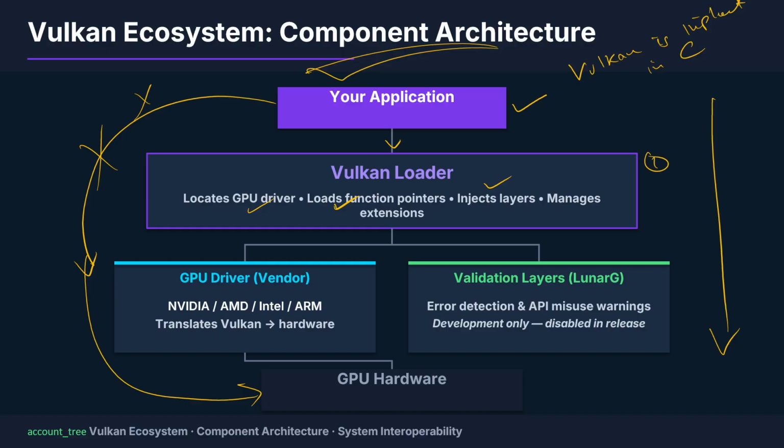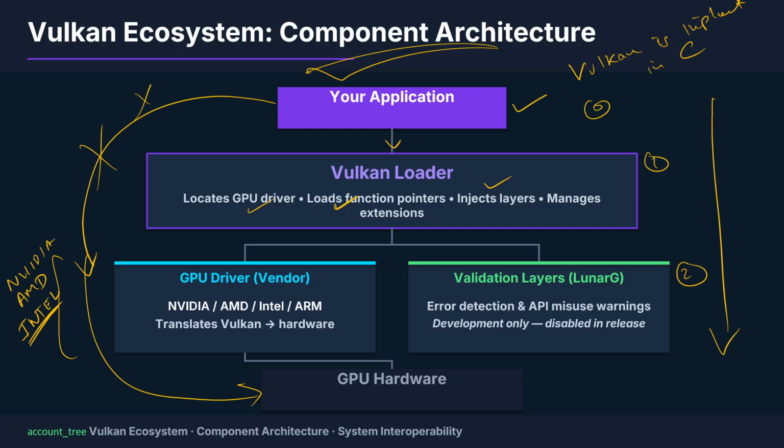The next part that comes is the driver. So this is 0, this is 1, this is 2. Now the GPU driver is very much vendor specific. It could be Nvidia, AMD, or Intel as well, for integrated graphics.